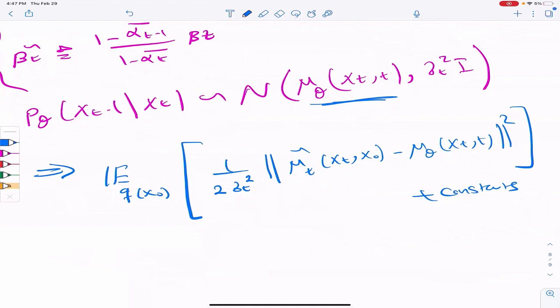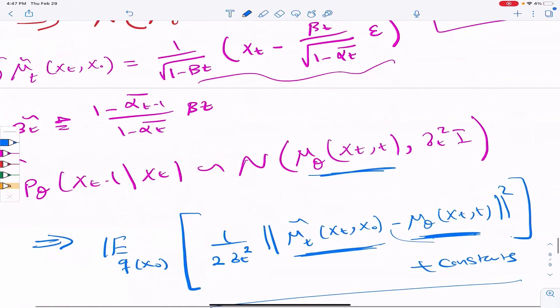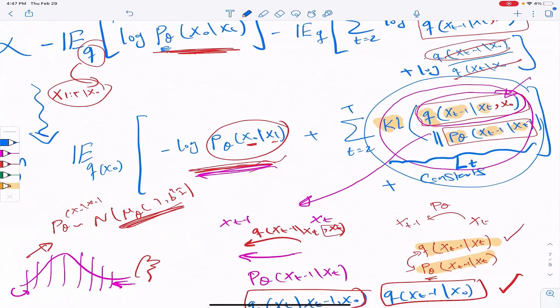to a minimization. Oh, I'm sorry, we are running a bit behind. So to this minimization. I have my mean network, mu sub theta of xt and t. This is the network that I want to train as my denoiser. And here is the mean of this random variable, q of xt minus 1 given xt and x0.